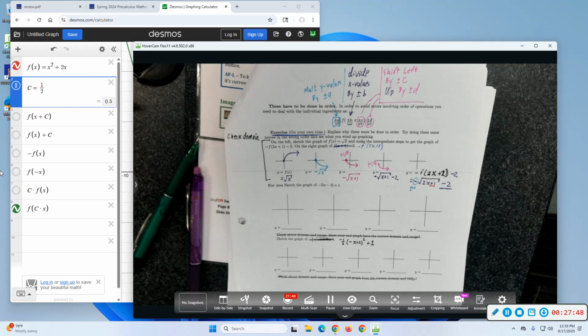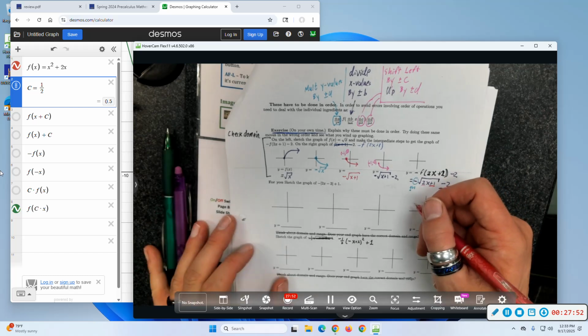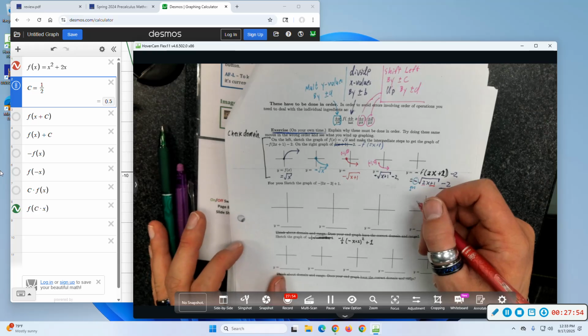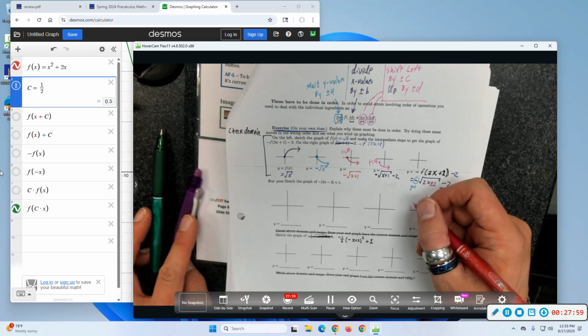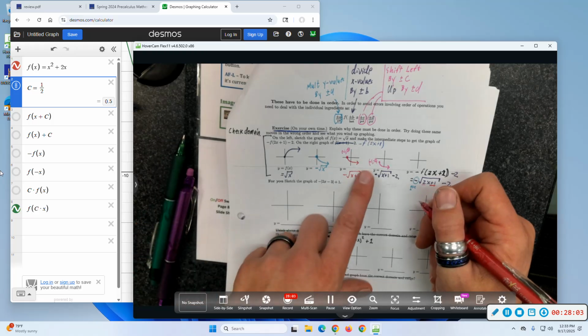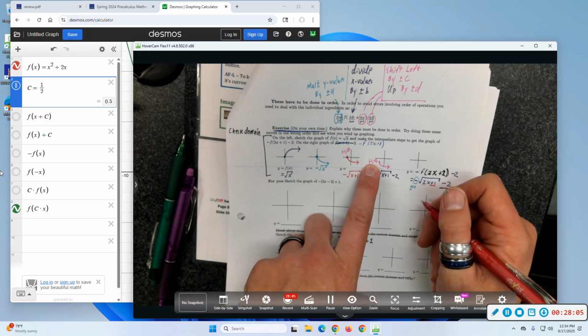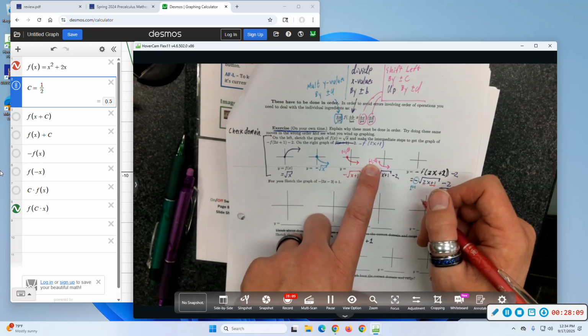Compress it horizontally by 2. So let's see, that means all the x values will get divided by 2. So let's do that. There's the only point I see tracked right now, -1, comma, -2. Where will that point go when I do this?